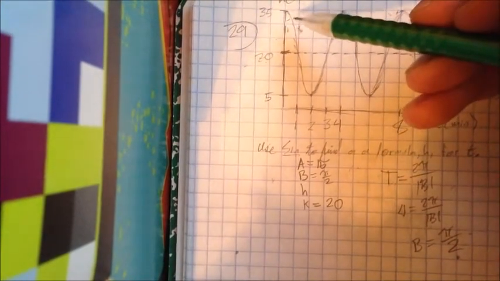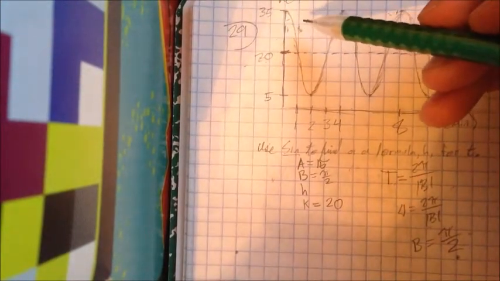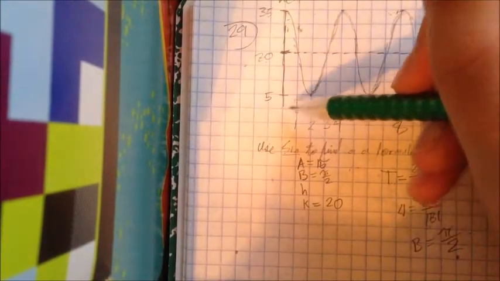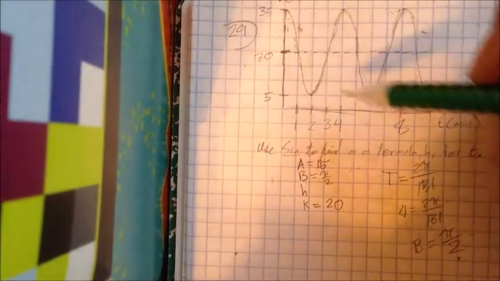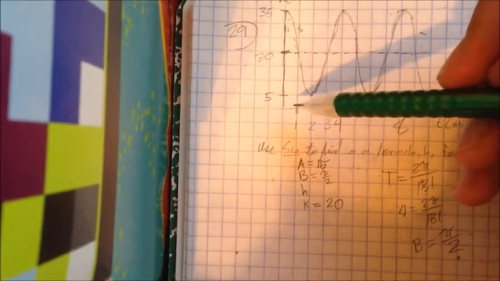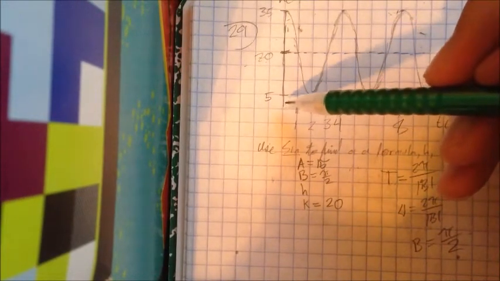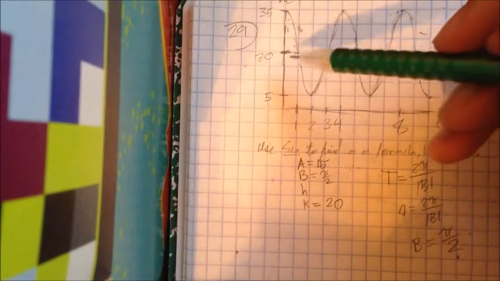This looks like a cosine function. So we need to find where the sine function would be and shift it over. Well, we have some values here, 1, 2, 3, and 4 on the t-axis. And so we know that if this were originally a sine curve, it would have come up like this, right?